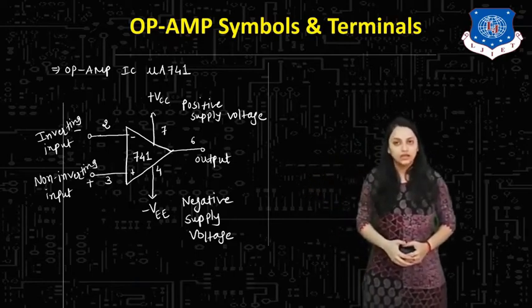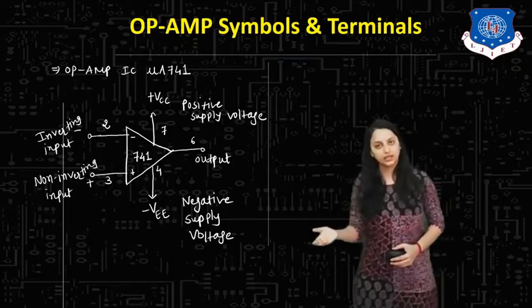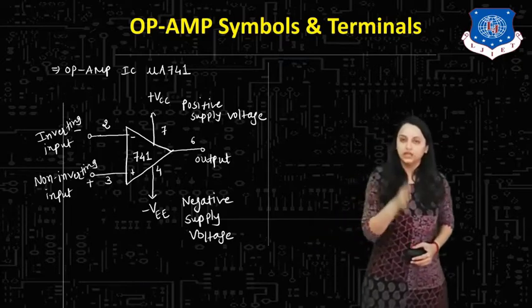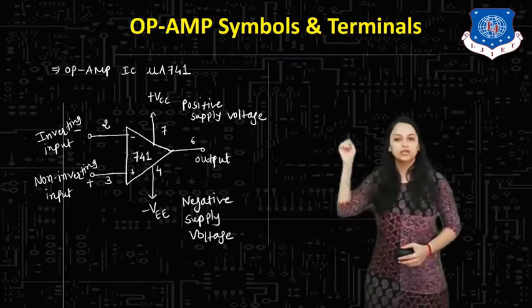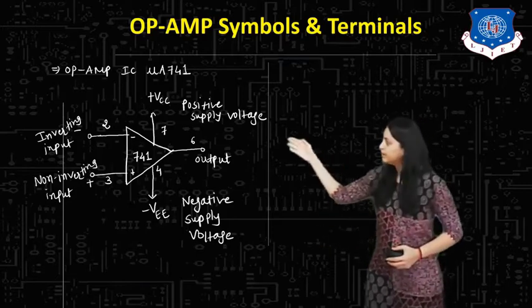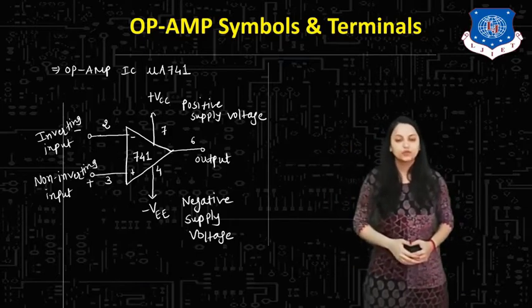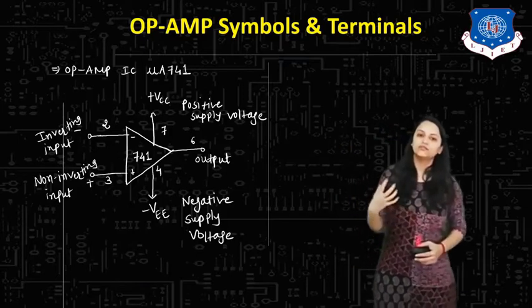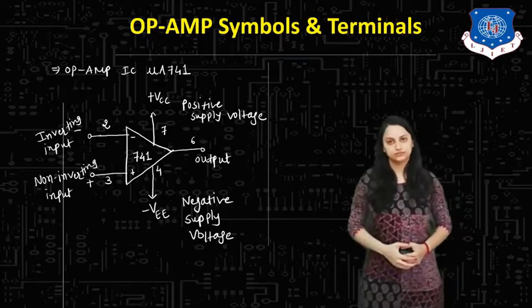So for using IC741, if you want to give the input, we have pin numbers 2 and 3, and if you want to get the output, we have pin number 6. Based on these pin numbers, we make the connections.